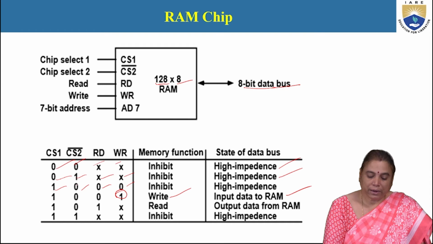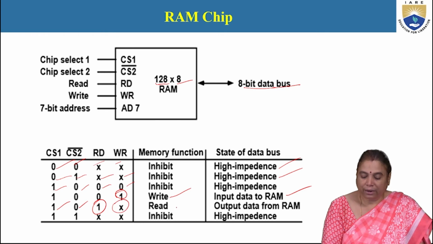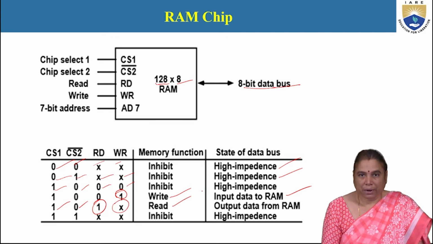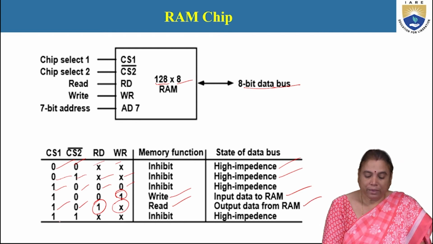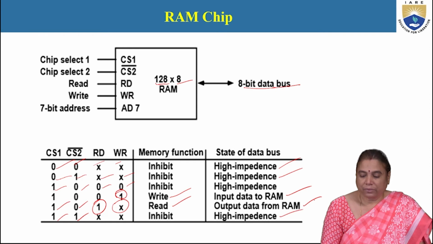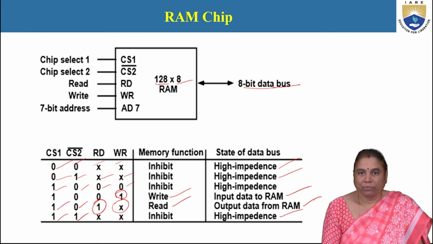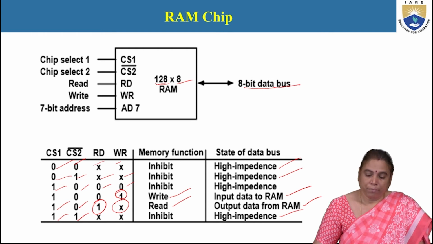When CS1, CS2 are 10 and RD is 1, with WR not selected, the read operation can be performed on the memory, outputting data from the RAM to the data bus. When CS1, CS2 are 11 and RD, WR are not selected, the data bus is in high impedance state and no memory function can be performed. In this way, the RAM chip can perform the read and write operations.